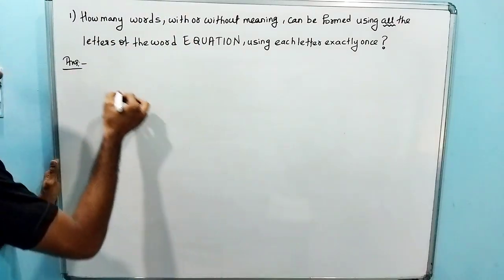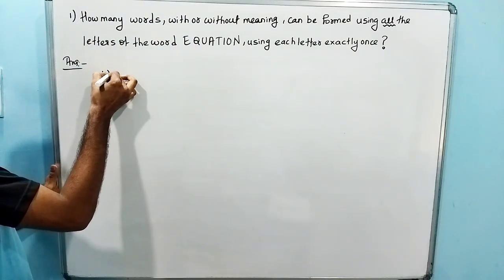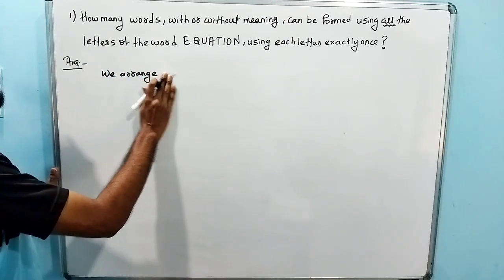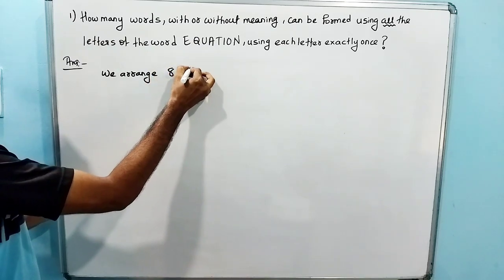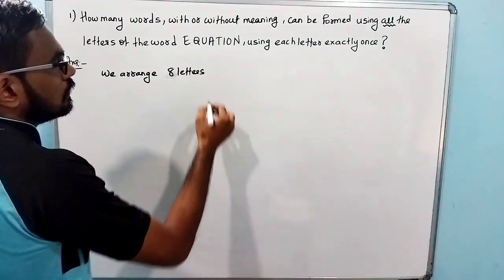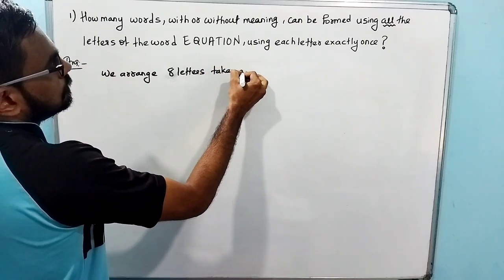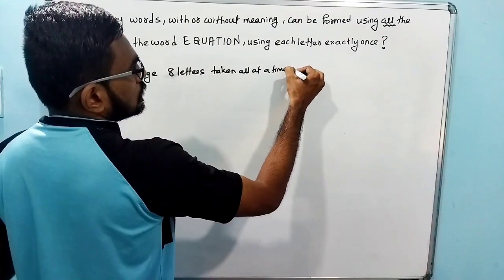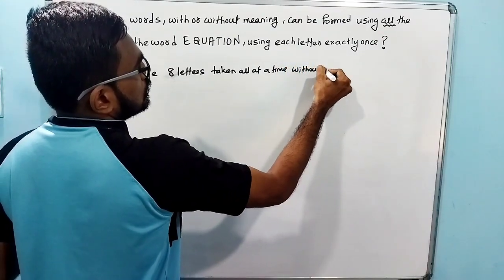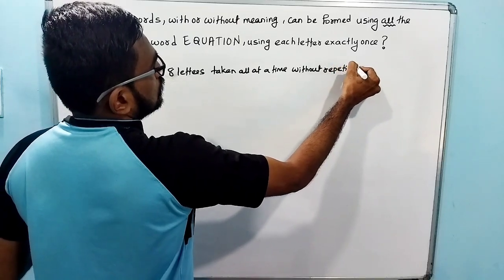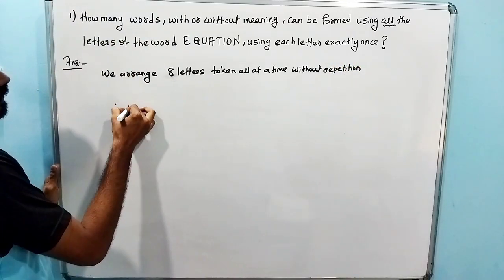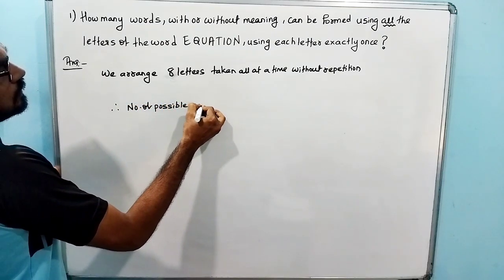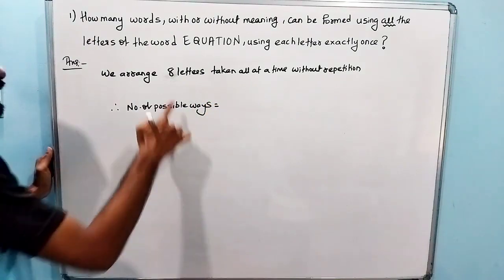So therefore, what we do here, we arrange 8 letters taken all at a time and without repetition. Therefore, number of possible ways is equal to 8 letters taken all at a time.